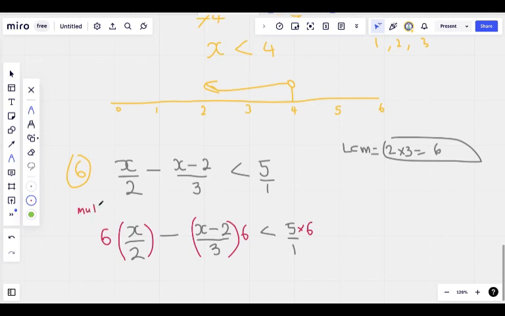Multiply through by the LCM of the denominator. Why do we use the word through? Meaning all of them, all the fractions. You have to multiply them by the LCM of the denominator.